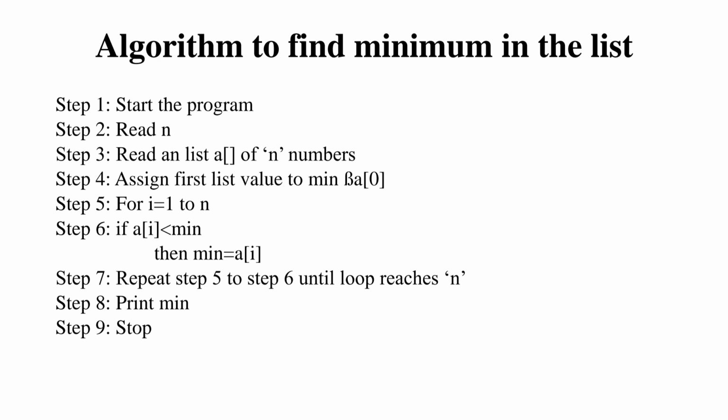In this way, for each checking the min variable may get modified, and when there is no smaller element than the one stored in min, we just move to the next iteration. We repeat the step until i reaches n. Then, having checked the last element, we move out of the loop and print the data stored in min. So we can stop our algorithm here.